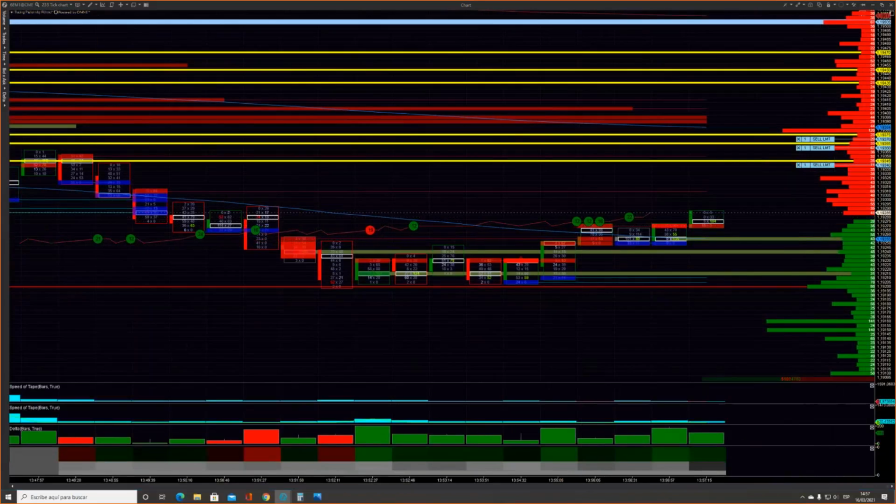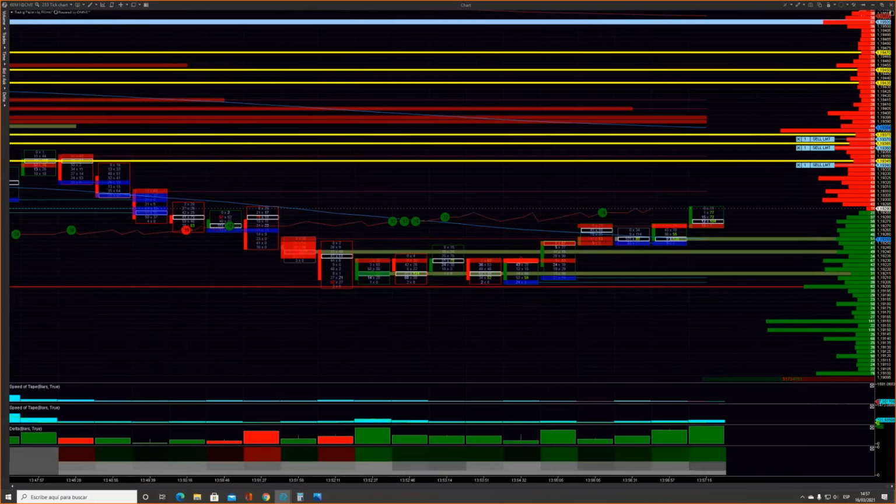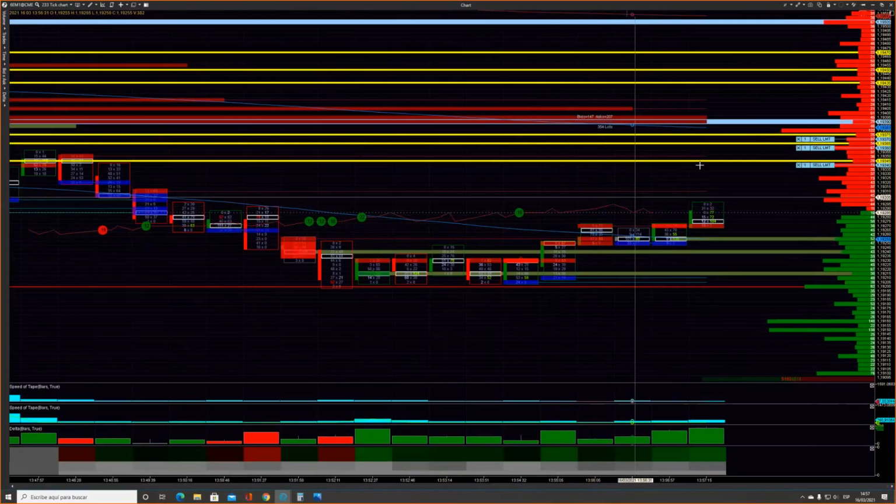On the liquidity map I can see a very big, let's say, resistance at 1.19390. That would be right here. Let me just put a horizontal line there. Oh, sorry, it's not. There is.